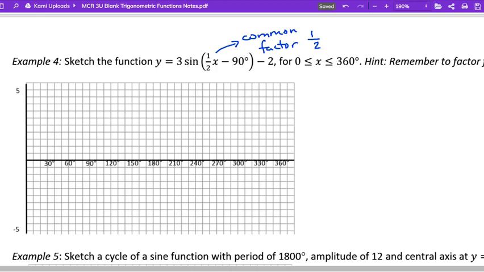If you need to use your calculator, then do it, right? 90 divided by a half is not the same thing as 90 divided by 2. When you divide something by a half, it actually gets bigger. X minus 180, right?